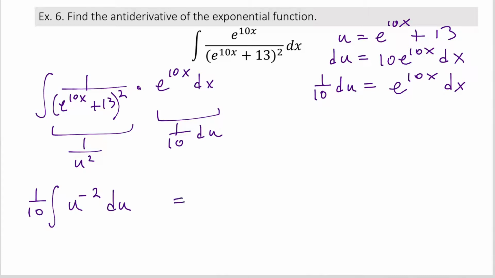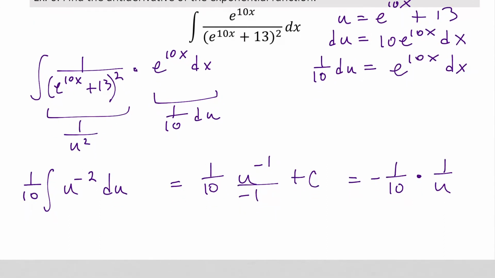All right, so if I integrate that, I'll get 1/10 u, raise it up to the negative 1, divide by negative 1, plus c, which is equal to negative 1/10 times 1 over u. All right, so now we put the u back in terms of x.